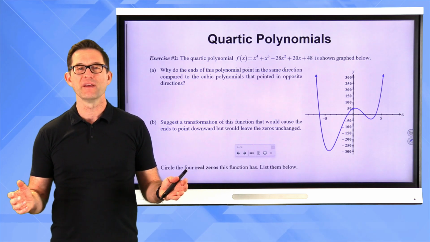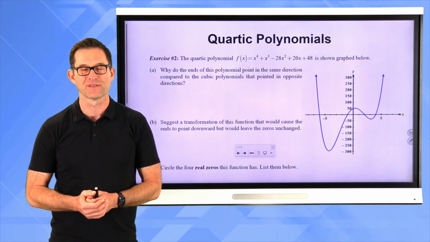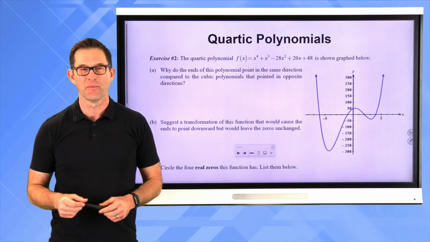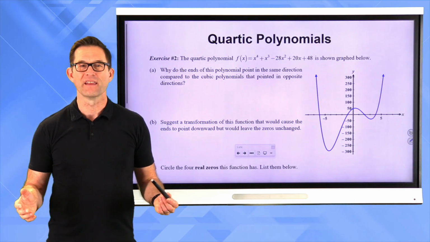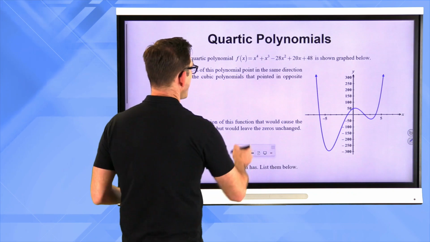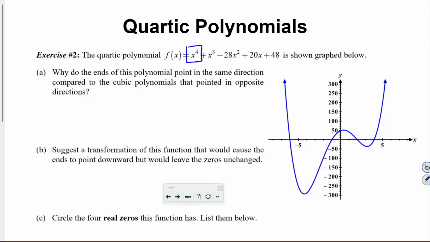All right, well, this one's pretty easy. I think we pretty much just covered it in a certain sense. Pause the video now and tell me what you think. Because it's got an even degree, right? Again, those long-run behaviors are all dictated by the highest power term, because its degree is even.